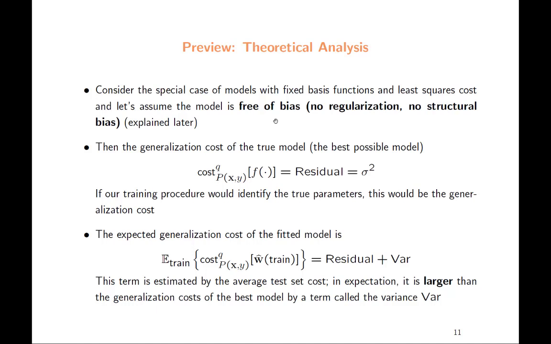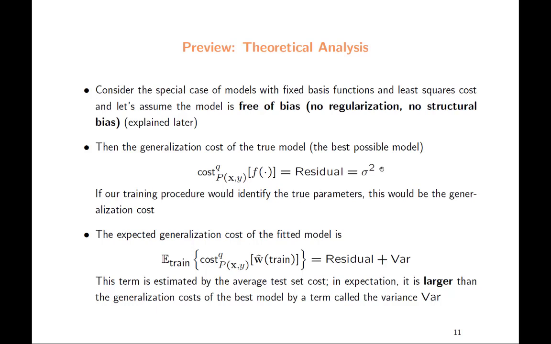Then the generalization cost of the true model, the best possible model, and we're using the squared error here, is what we call the residual, or sometimes simply sigma square. So it's the variance of the noise.